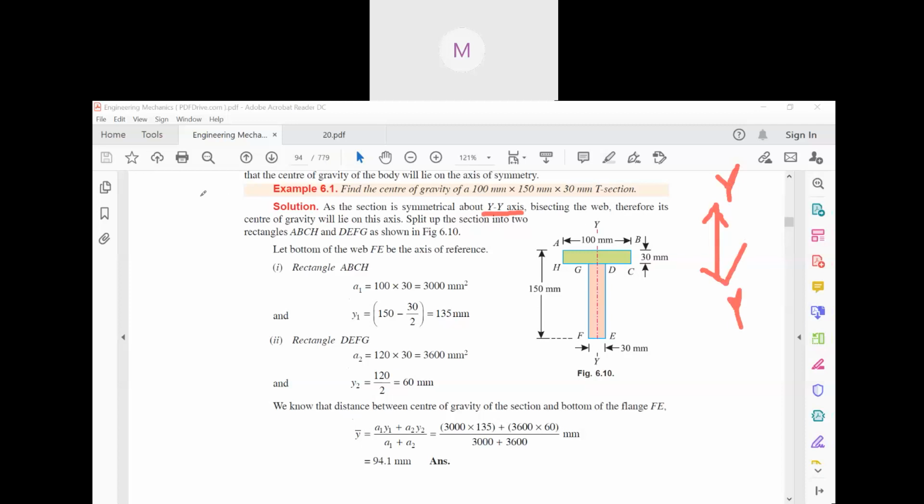So first of all, you found out by which axis it is symmetrical. Then after that, you will have to find out y1 and y2. So how will you find out y1 and y2? Look at this figure now.